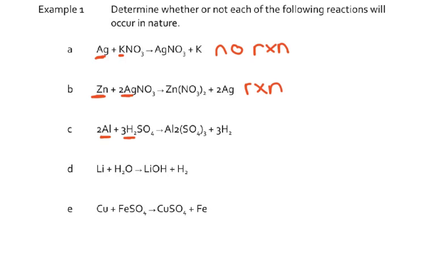Needless to say, if this reaction is going to happen, aluminum must be above hydrogen, and it is, so we have a reaction. D, lithium would have to be above hydrogen to make this reaction happen. It is.